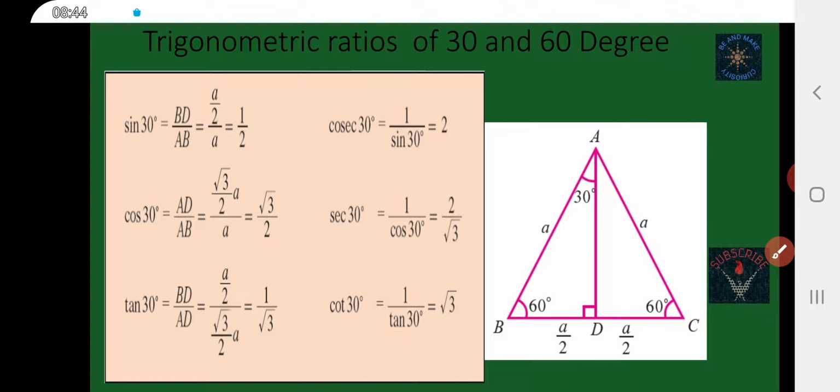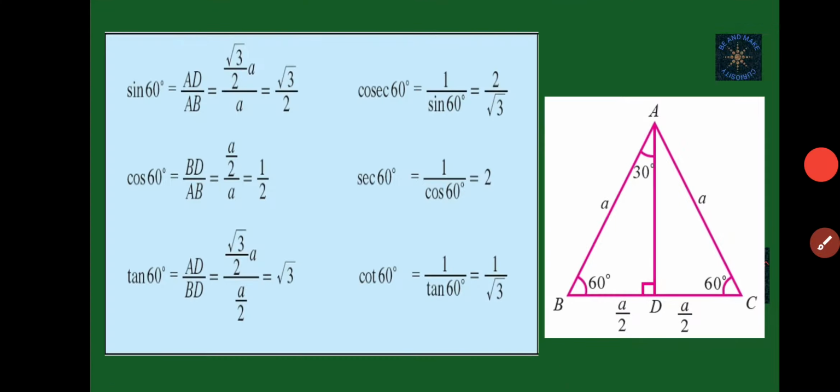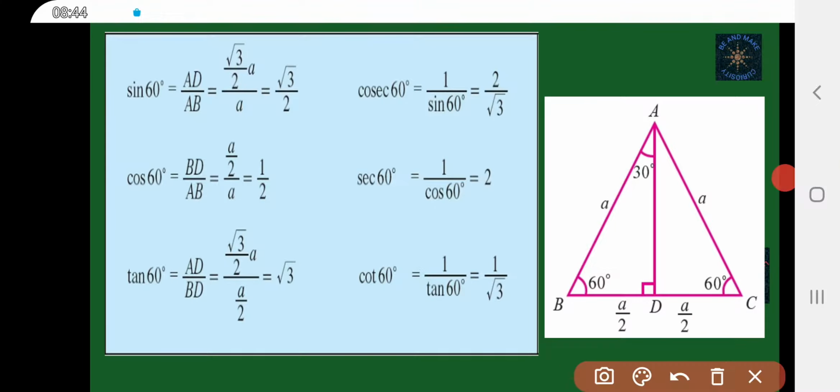Next, here you say 60 degree. In right angle triangle ADB, in this right angle triangle 60 degree is B angle. Okay, B angle is equal to 60 degree.